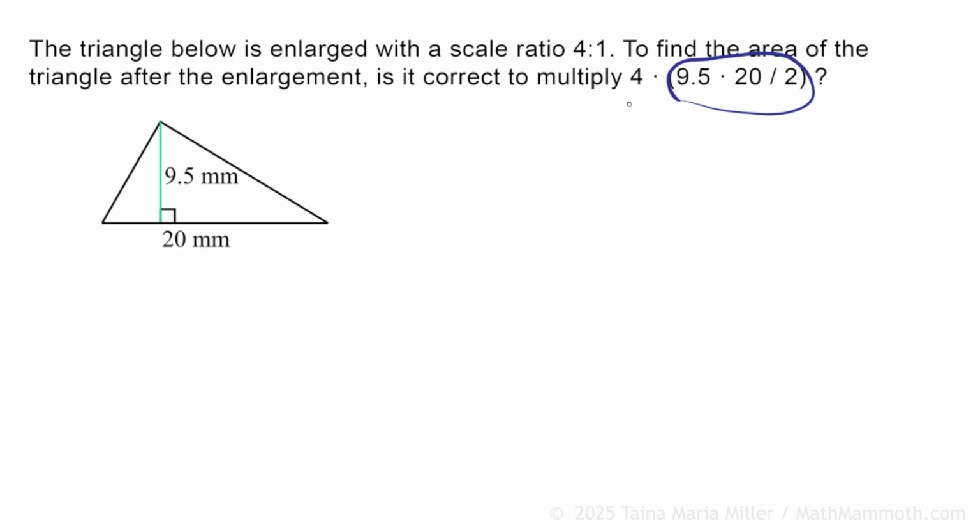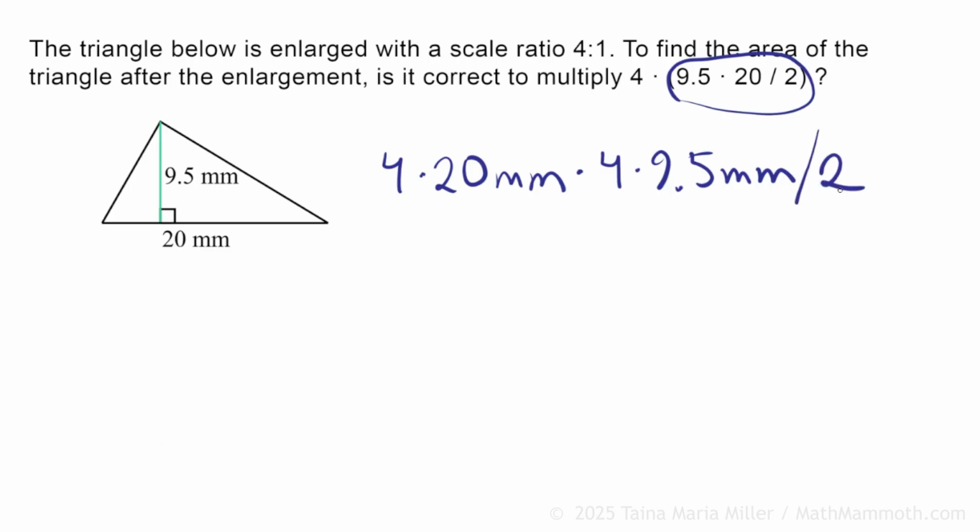Why? Because to calculate the area of the enlarged triangle, we would take 4 times this and 4 times that divided by 2. This is the base multiplied by 4. And this is the altitude multiplied by 4 by the scale factor, and then divide by 2. So, compared to this calculation here, a 4 was missing.